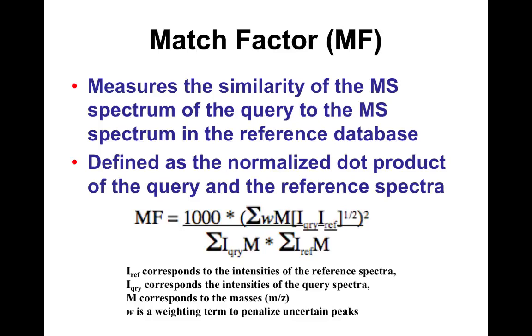If you have taken vector algebra or matrices, you remember dot and cross products, but it's essentially matching the intensity across the two peaks and then normalizing it based on the intensity and mass. Match factor is scaled by a factor of 1,000, so the highest possible match factor you can get is 1,000. The lowest, obviously, is 0.